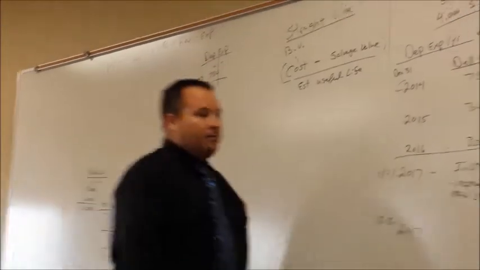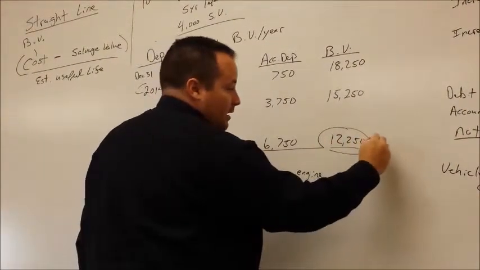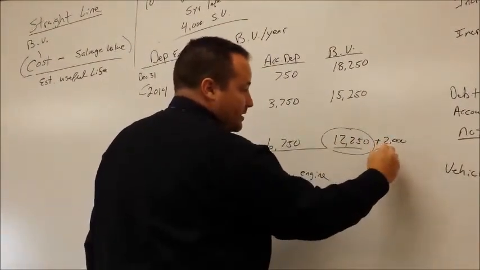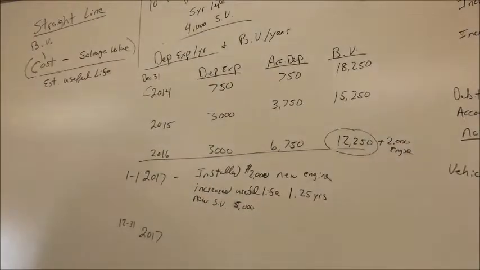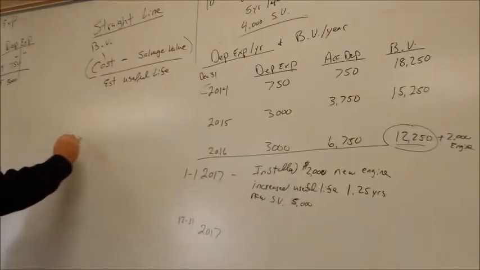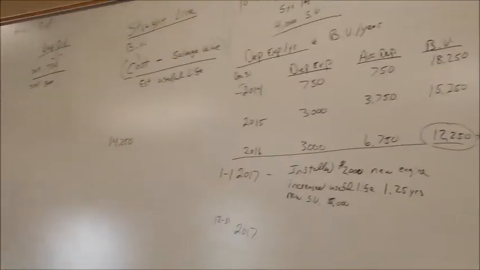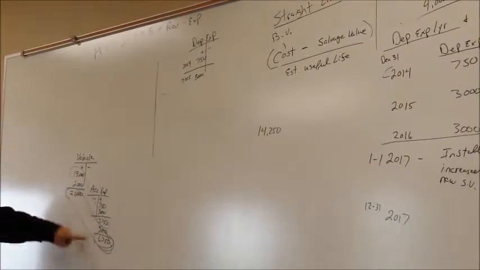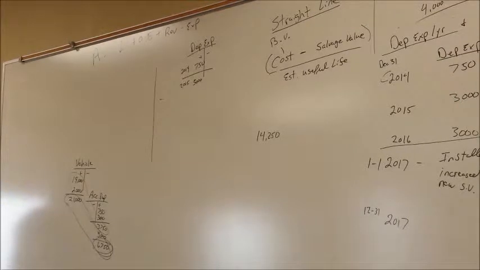Or I could come over here and say, this is what my old book value was, and I just added a $2,000 engine. So my book value is $14,250. And you're going to get $14,250 if you do this subtraction here. Same thing. Either way is fine to get your book value.